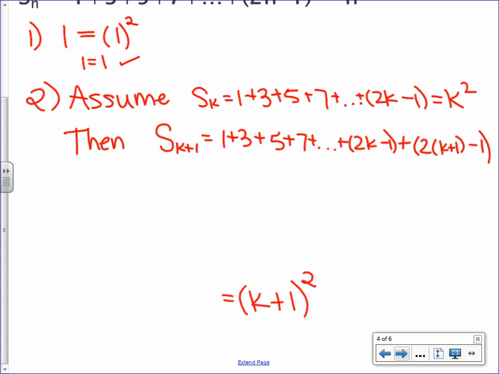All right. So I'm going to go ahead and rewrite this right here so it looks a little nicer. This is 1 plus 3 plus 5 plus 7, all the way up, this is my k term, plus my k plus 1 term. Now, I'm going to underline something here.